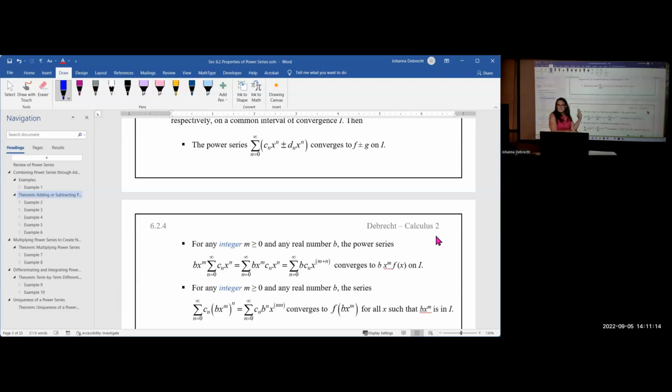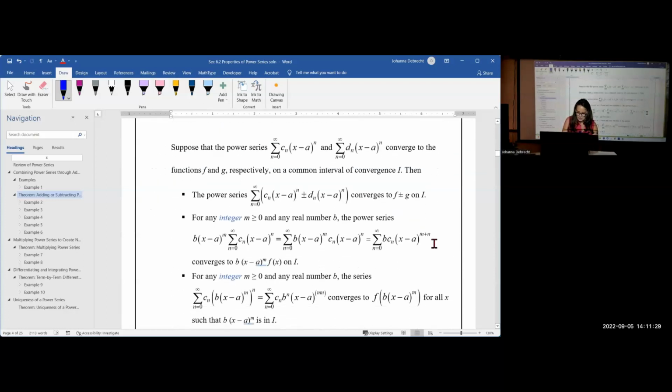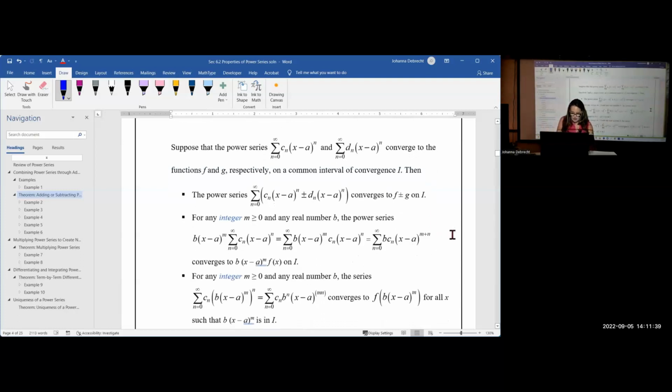Now I said that this looks really complicated, and it does look really complicated. It's not that bad. It's bad, but it's doable. Let's see how to apply this. Now, we also have the same situation for functions that are centered at x minus a. So we can go through and make the same theorem apply to all power series that are centered at a.